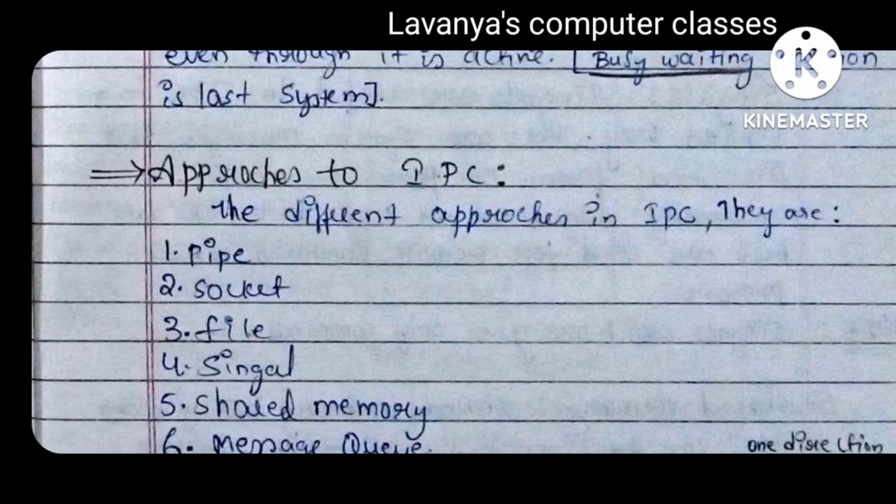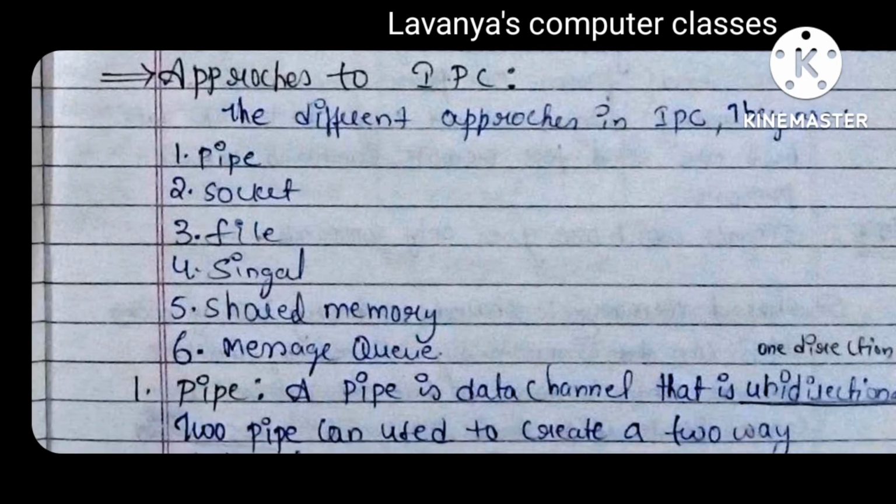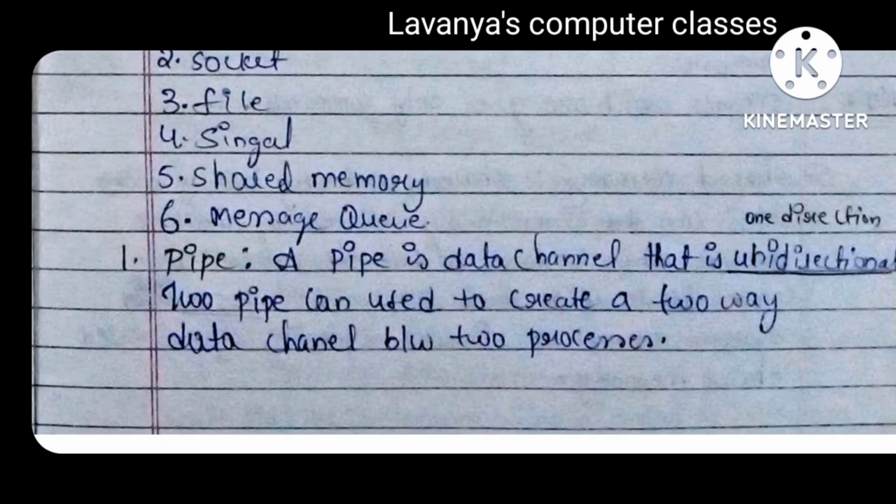Approaches to IPC. The different types of approaches are there in IPC. One is the pipe, socket, file, signal, shared memory, and message queue. Explanation of each and every one.